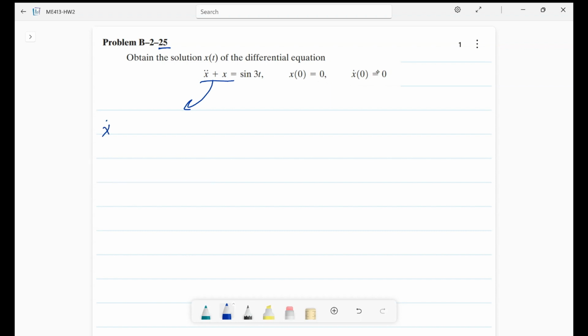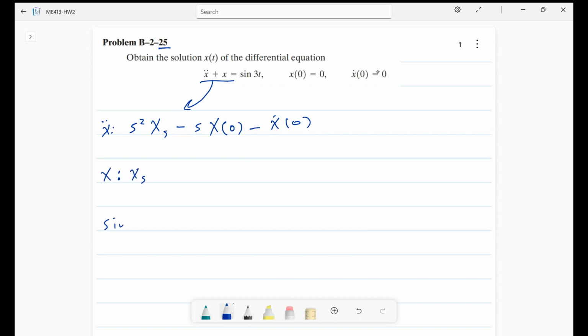For x double dot, it will be s squared X(s) minus s x at 0 minus x dot at 0. For x, it will simply be X(s).